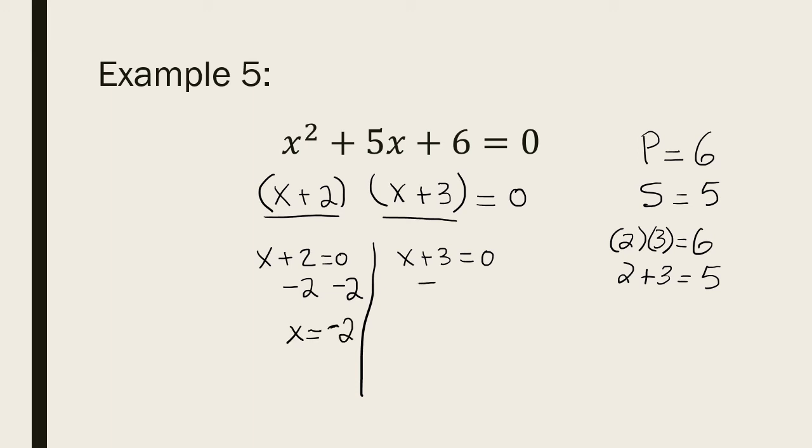And I'm going to solve the second equation by taking 3 away from both sides, and I'm going to end up with x equals -3. So the two solutions for this quadratic are x equals -2 and x equals -3, which are also called the roots, the x-intercepts, and the zeros.